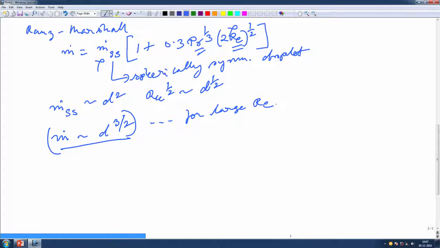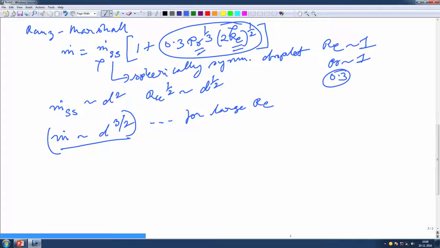However, if the Reynolds number value is very small, this term becomes negligible. Say if Reynolds number is of the order 1, and Prandtl number is already of the order 1, then this term will be of the order of 0.3. If the Reynolds number is very much less than 1, we are slowly going to the pure diffusion case.